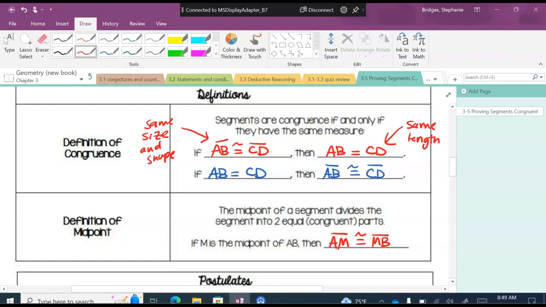Okay, definition of midpoint. It says we divide a segment into two congruent segments. Therefore, if I tell you that you have a midpoint, the next step in your proof would be to say, okay, well, tell me which two segments are congruent. And you'll get to see these proofs here in just a few minutes. Is everybody following along? Okay.